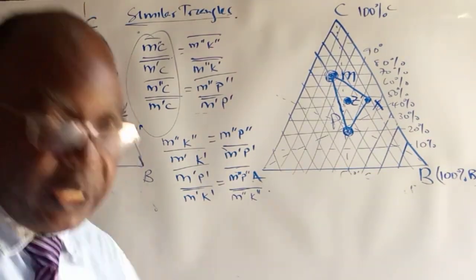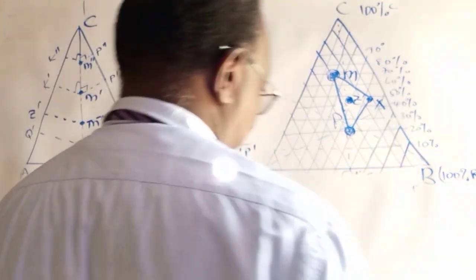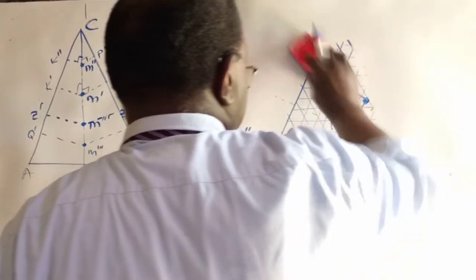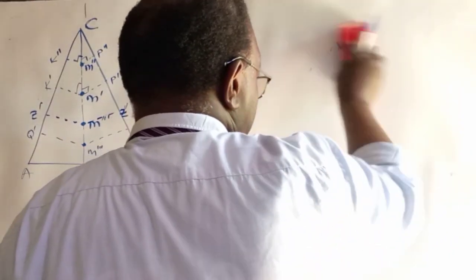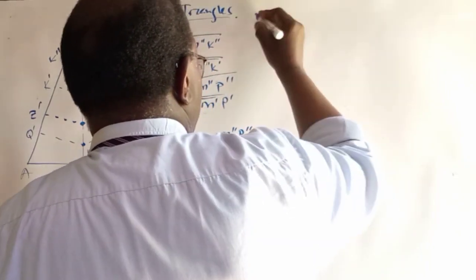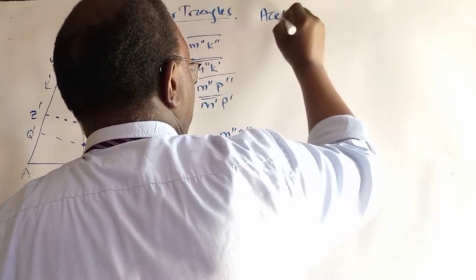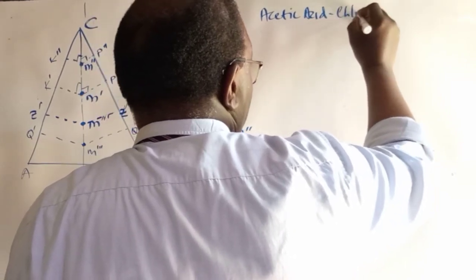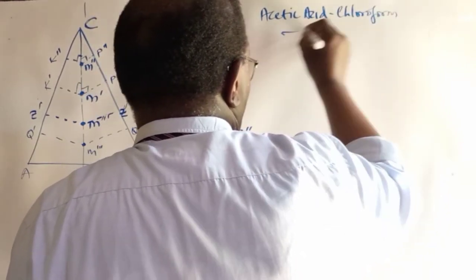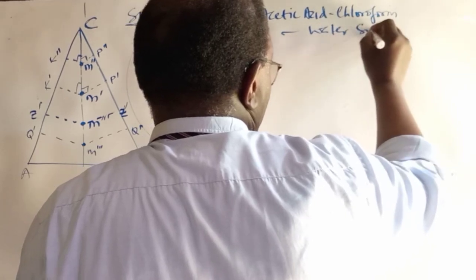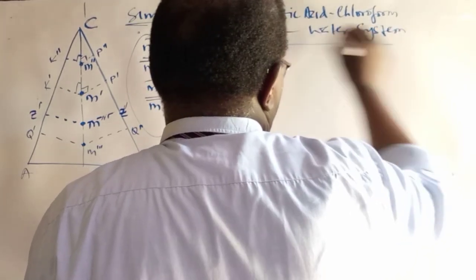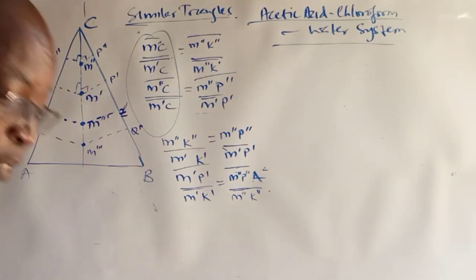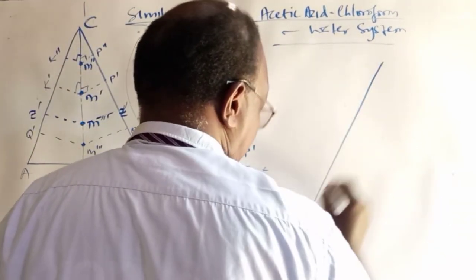Now, suppose we think of a real system. And the best one for illustration is the acetic acid, chloroform, water system. So we have the three components: acetic acid, chloroform, water. So let's have our system.